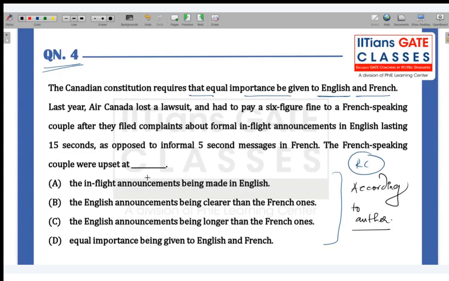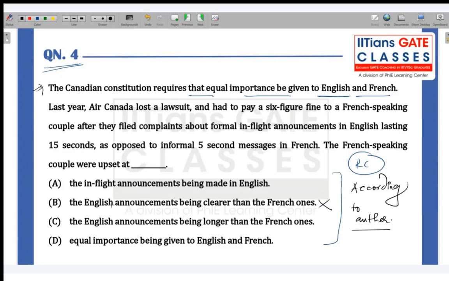So whatever options you read here, first of all, you can read the options first, before you read this passage. So you can read the option here: the in-flight announcement being made in English, the English announcement being clearer than the French one, right? So straight away you can eliminate this kind of options, because they have given so that you should express your opinion here, right?